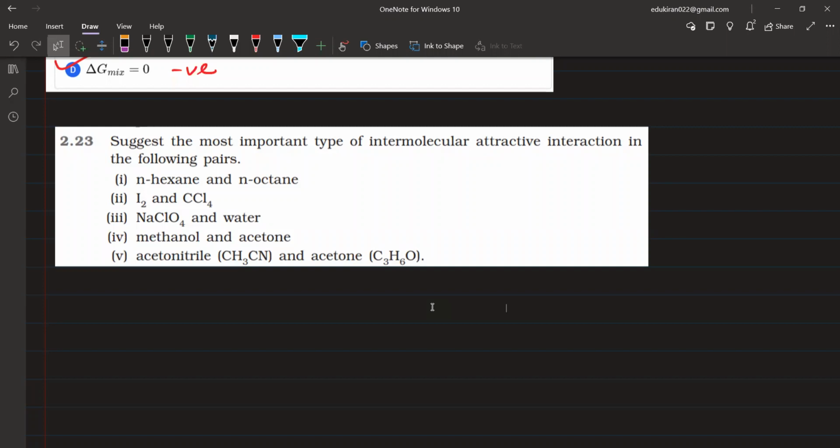Write this down. See, you have to suggest what is the most important type of intermolecular forces of attraction in the following pairs, है ना? तो हेक्सेन और ऑक्टेन के दोनों के बीच में what type of intermolecular forces will be there?